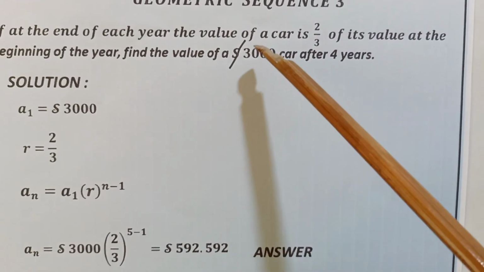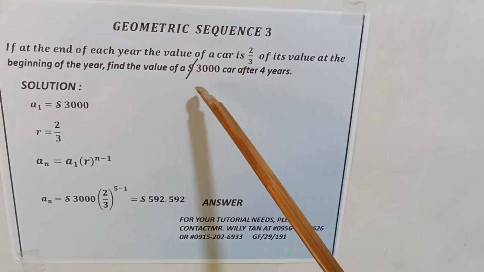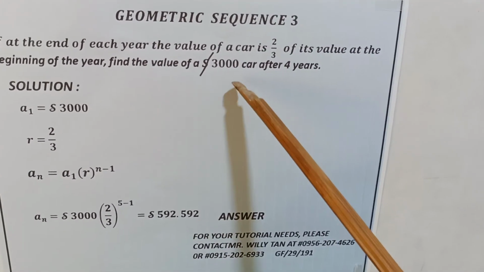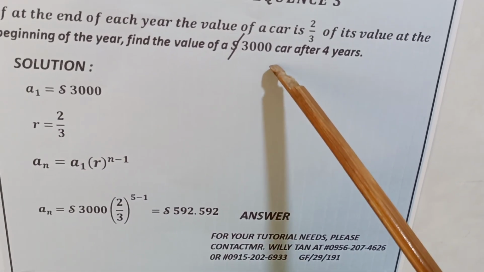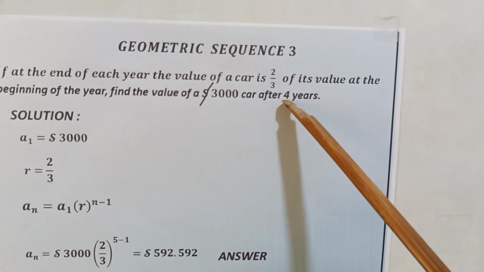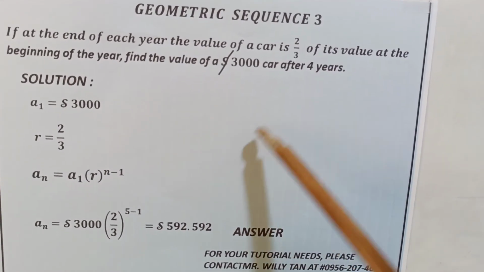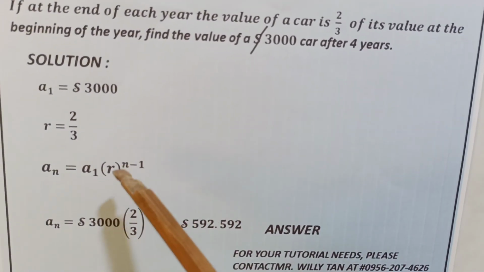So at the beginning is the first term, and another 4 years, which is 4. So n is equal to 5. So we just substitute 5 for n here.